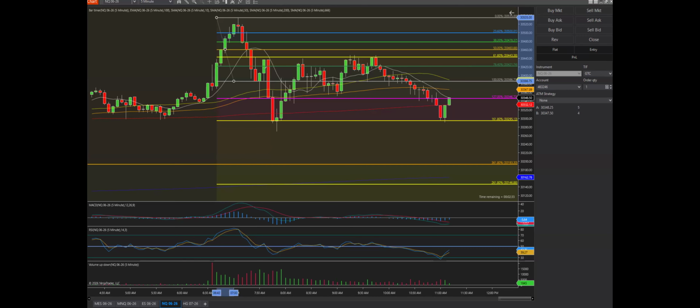But pretty much, where that imbalance is going to be created, you want it to come back at a certain speed.